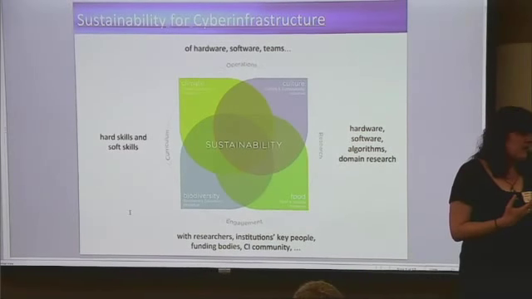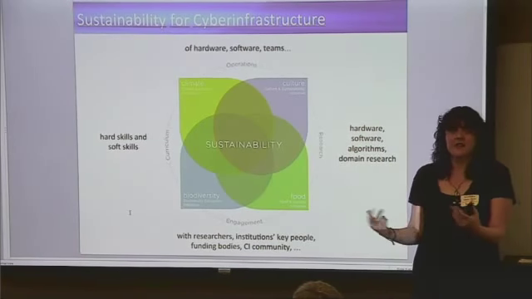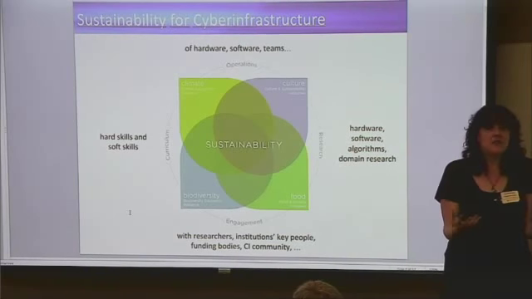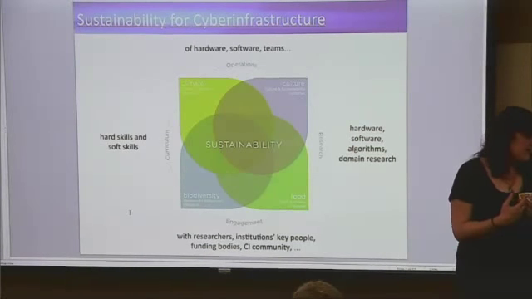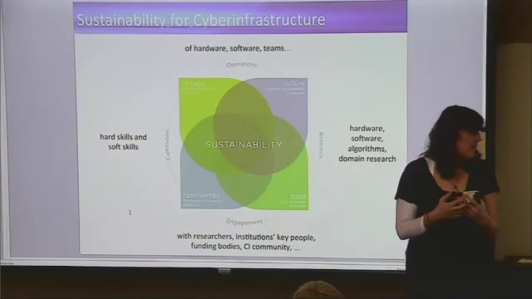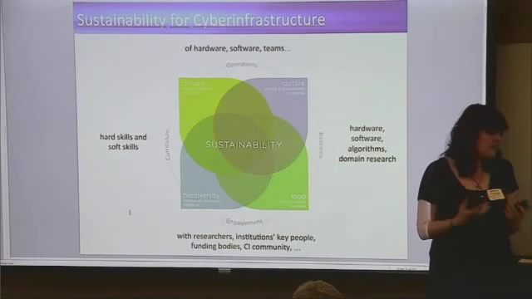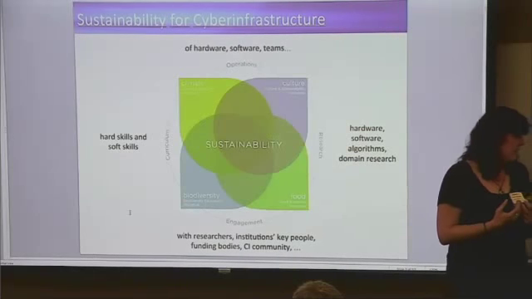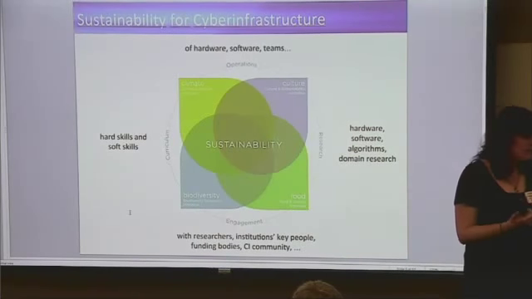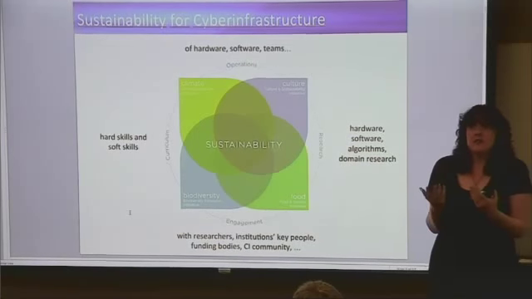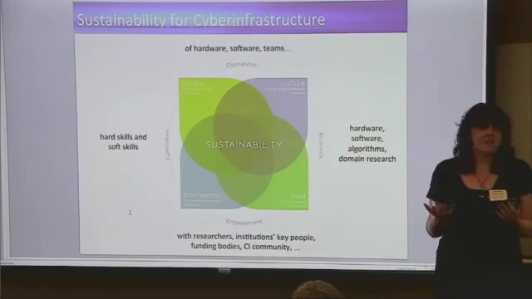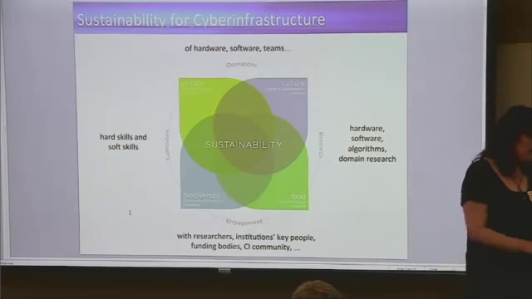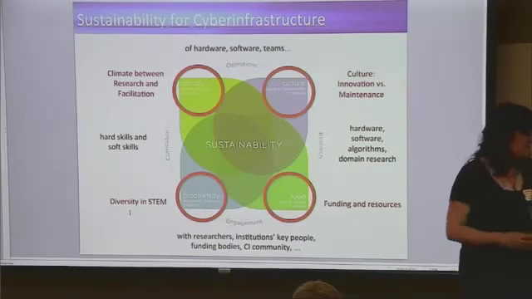Or research itself: there's research in hardware, there's research in software, there are new algorithms, and of course there's the domain research. The next action at the bottom of the graphic is engagement. That's very, very important. You engage with researchers, with institutions, key people, with funding bodies, with the CI community in general.